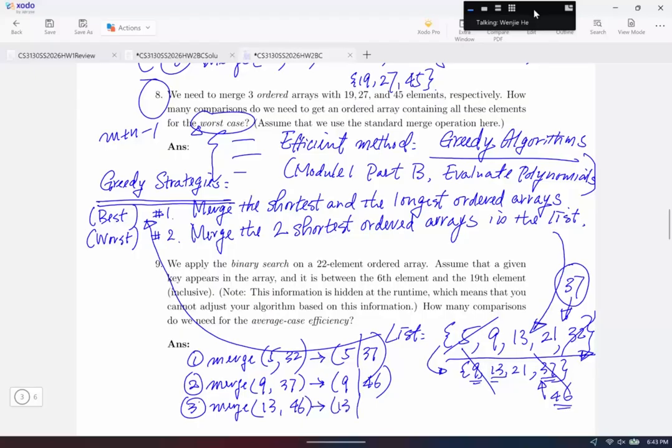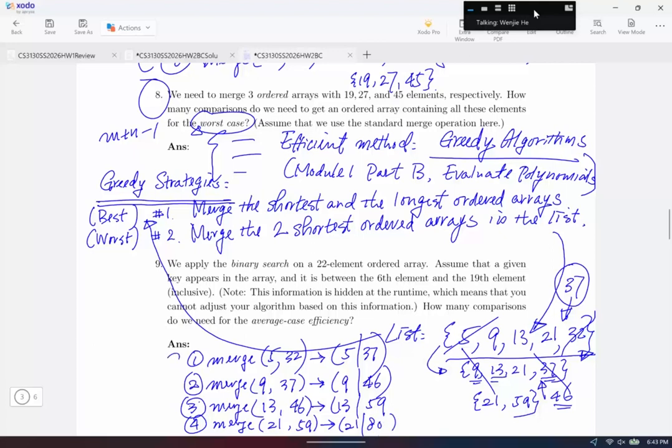The minimum is 13, sum of the 2 numbers, 59. So you have the remaining 21 and 59, the remaining 2 size numbers. The last merge, you need to have 4 merges. Last step, 21 and 59. Minimum 21. Sum 80.